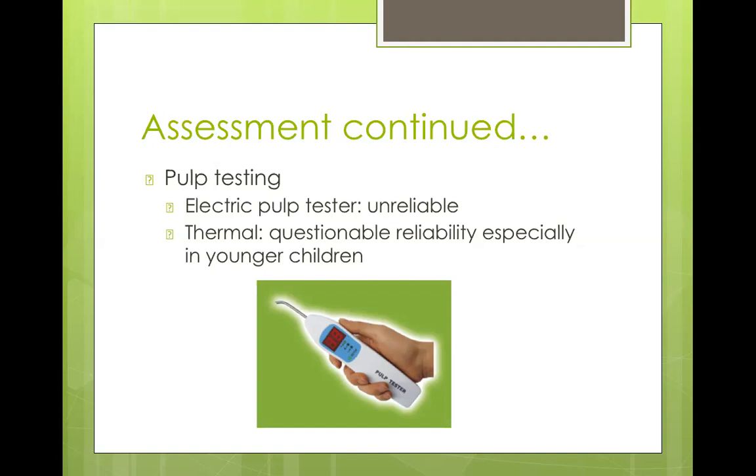Usually, if they feel discomfort, they would squint. And if it's a child that squints at everything, when you press on a tooth that you know has nothing going on, they squint. You press on the tooth that's suspect, they squint. At that point, you may have to just rely on your x-ray or your other visual clinical examination.